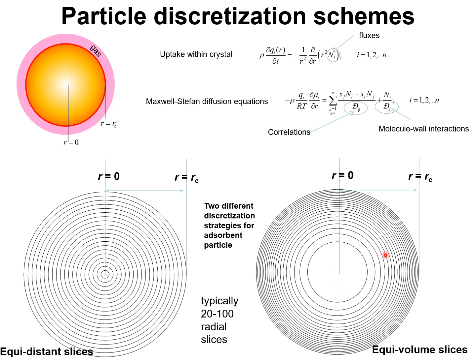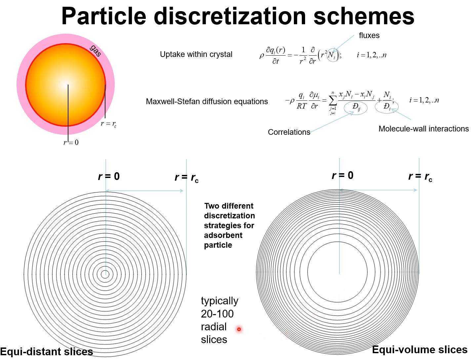The equivolume slices strategy is more efficient because the steeper gradients in the molar loadings occur near the surface of the particle, whereas towards the center of the particle, the gradients in the molar loadings are shallower.